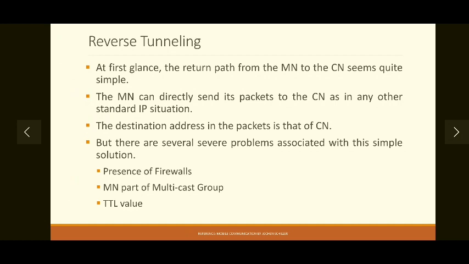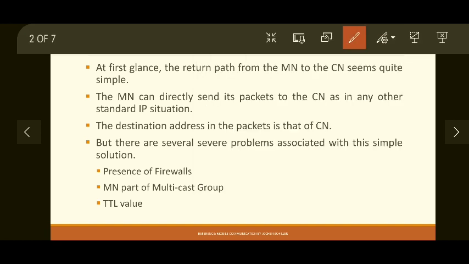As we have seen in the IP packet delivery, when packets are returned from the mobile node to the correspondent node, they don't have to go through the same route as they traveled while delivering the packets to the mobile node. That means if we consider it pictorially, this is the foreign agent, this is the correspondent node, this is the home network, and this is the foreign network.